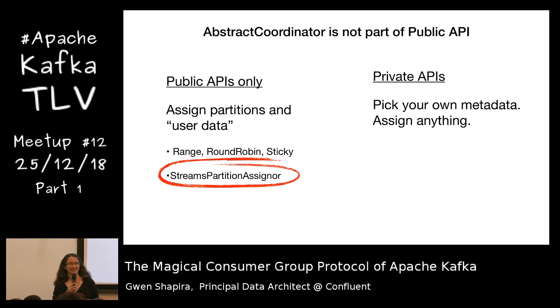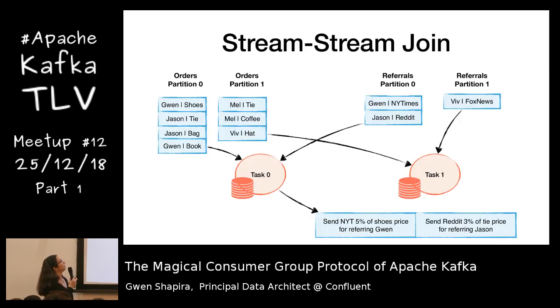The reason we had to do it is that we do stream-to-stream joins. When you join a stream to a stream, you need to make sure that the partitions of the two streams you are joining end up handled by the same consumer in the group. So it has to be coordinated.